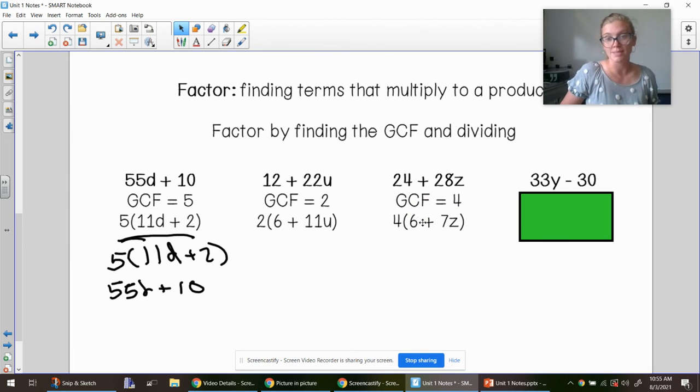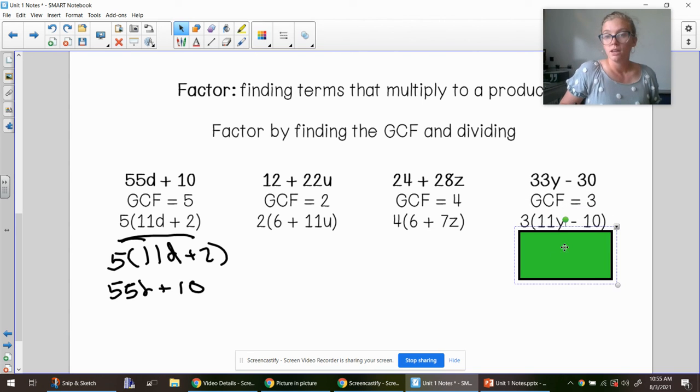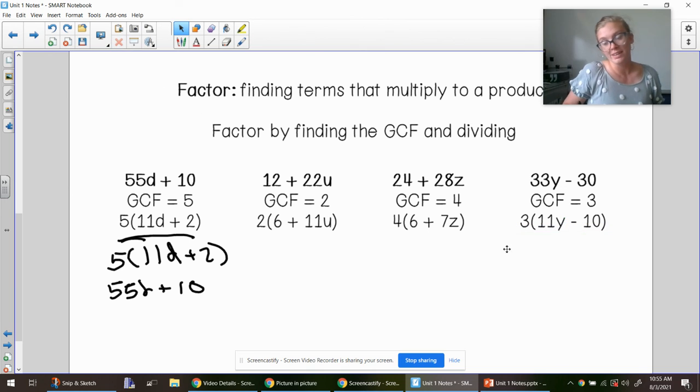So 4 times 6 plus 7z. 33y minus 30. The greatest common factor between these values is 3. 33 divided by 3 is 11. 30 divided by 3 is 10. So I have 3 times 11y minus 10.